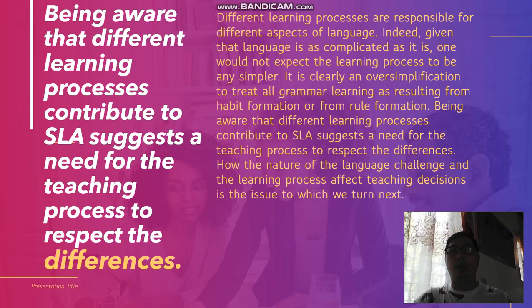It is clearly an oversimplification to treat all grammar learning as resulting from habit formation or from rule formation. Being aware that different learning processes contribute to second language acquisition suggests a need for the teaching process to respect the differences. We should take note of the differences, as we mentioned a while ago, that we should consider the differences among our learners.